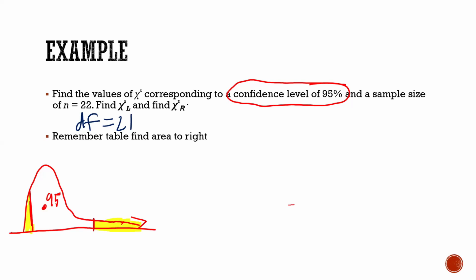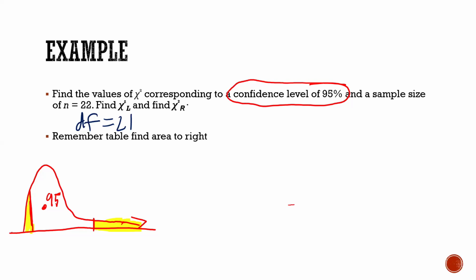Before we could do area in one tail or two tails. It just depended on how you looked at the table. Here you're always looking at area of one tail, because before, both tails looked the same. They're mirror images. Notice that's not the case here, right? This tail right here is narrow and tall, and this one is wide and short.